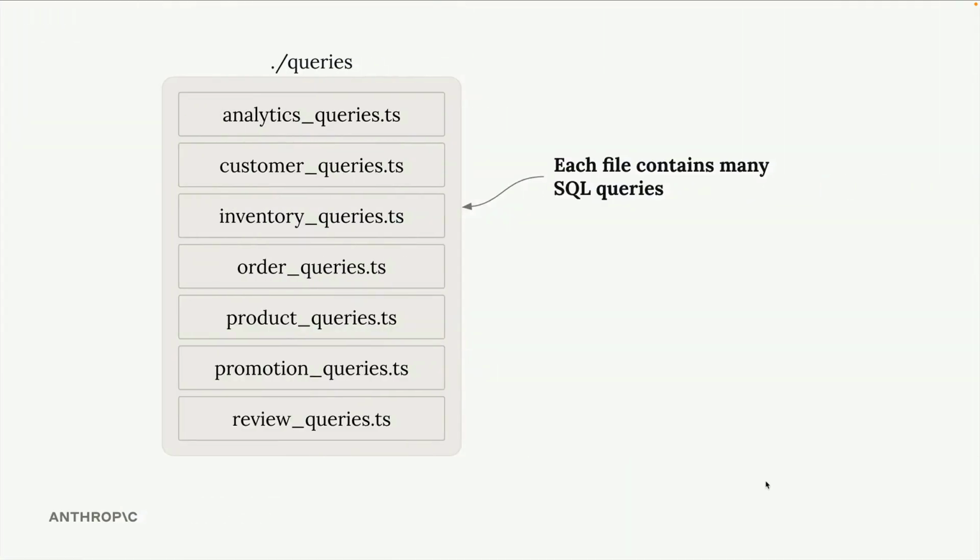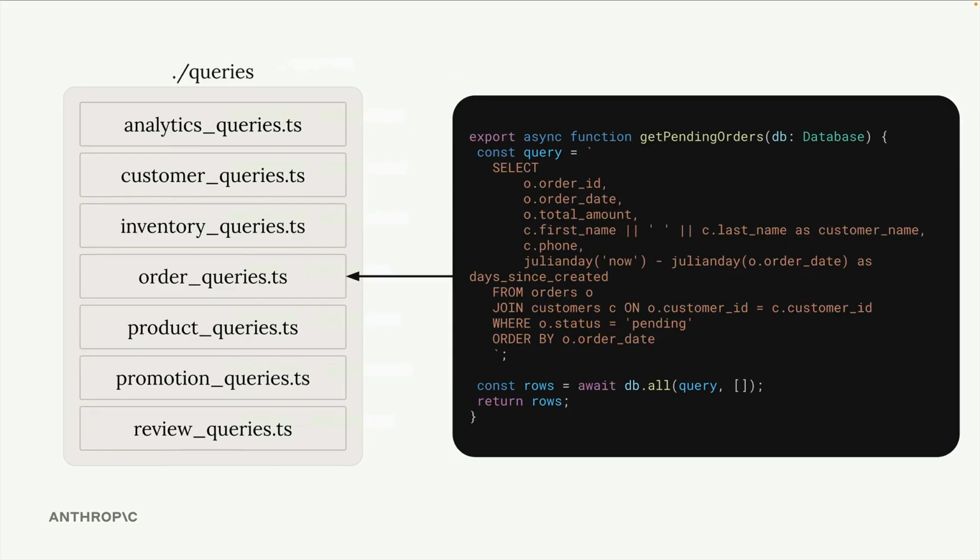Okay, so I'm going to show you a couple of diagrams really quickly to help you understand a common problem that starts to arise inside of larger projects. In this diagram, I've got my list of different query files on the left-hand side, and as we saw, each of those different query files contains many different queries. Inside of that order queries file in particular is the get pending orders function. So we've already got a query put together that will attempt to find some different pending orders.